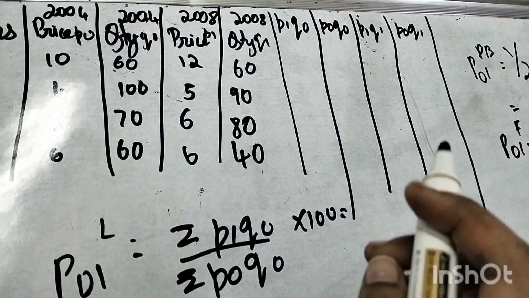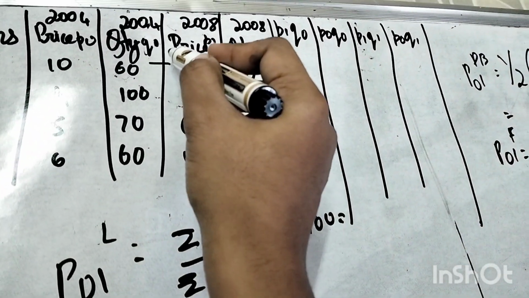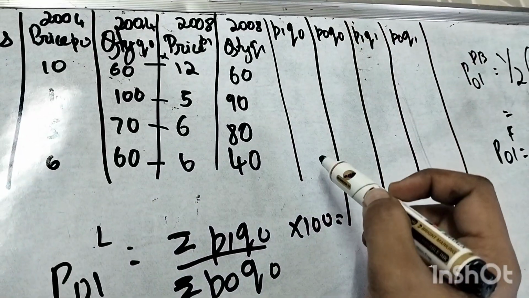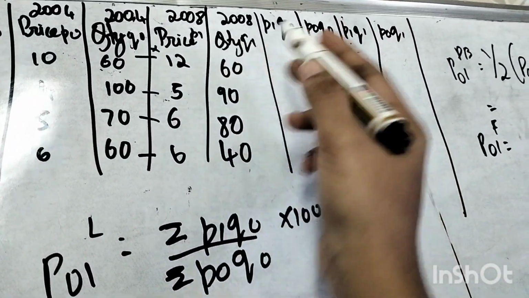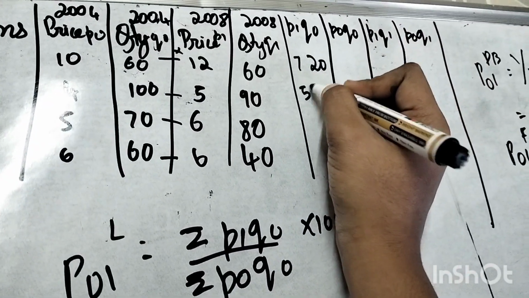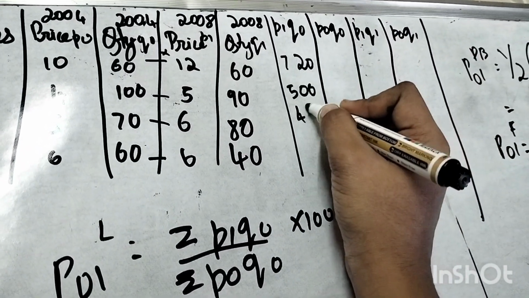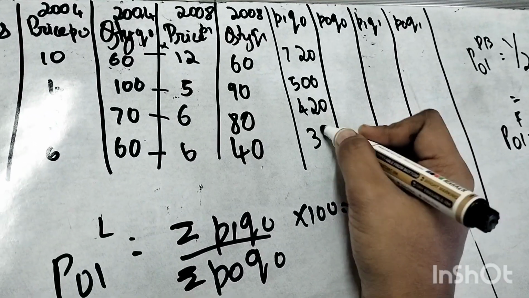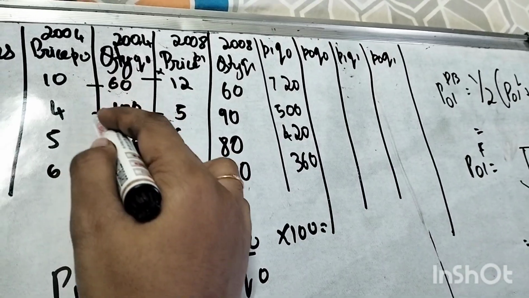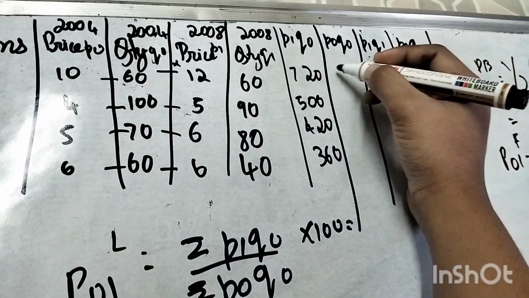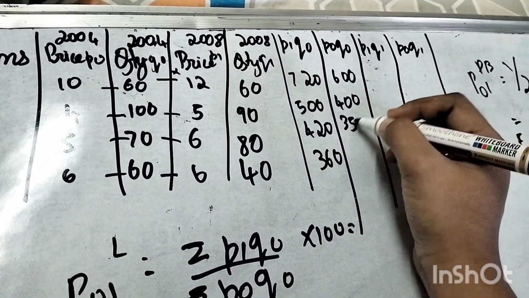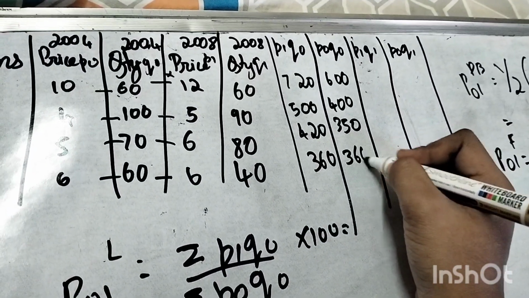So P1 Q0 is nothing but these two, you need to multiply these two. To find P1 Q0, 60 into 12 is 720, 100 into 5 is 500, 70 into 6 is 420, 60 into 6 is 360. P0 Q0 is these two columns: 10 into 60, 600, 400, 350 and 360.